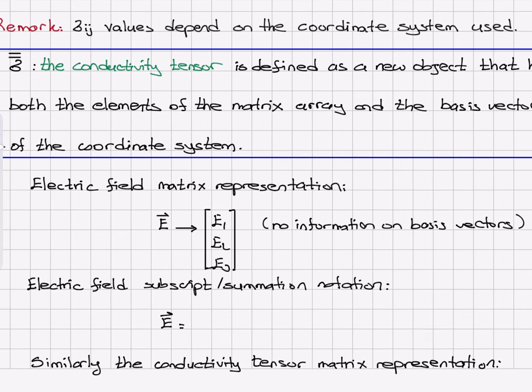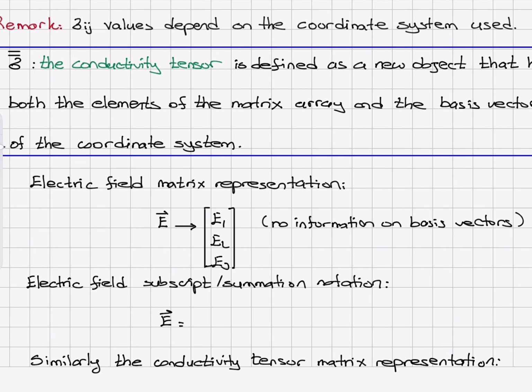In subscript summation notation, this is Ei ei hat. Now I do have the basis vectors that can describe the electric field. So it's a summation: E1 e1 hat plus E2 e2 hat plus E3 e3 hat.